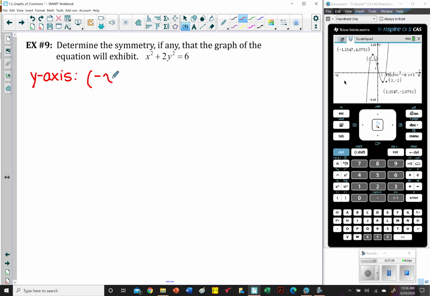So for y-axis symmetry, we want to replace the x and get the same y. And replacing the x with the opposite of x and simplifying that, we're going to get the same y. Everything stayed the same.